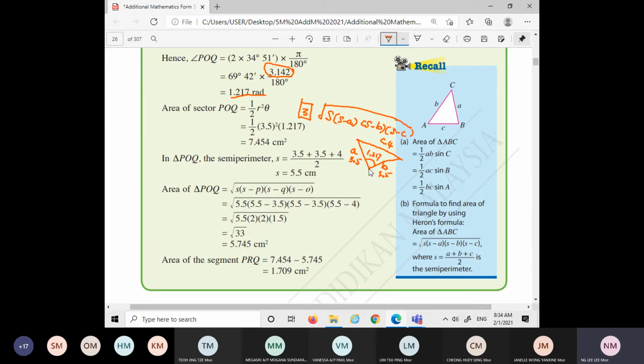That will be the semi-perimeter, which is 5.5. Then just put in here: 5.5, then 5.5 minus 3.5, and then minus 3.5, minus 4. Press calculator, you get 5.745. Last step: area of sector, 7.454, minus area of triangle, this one, then you get the answer.